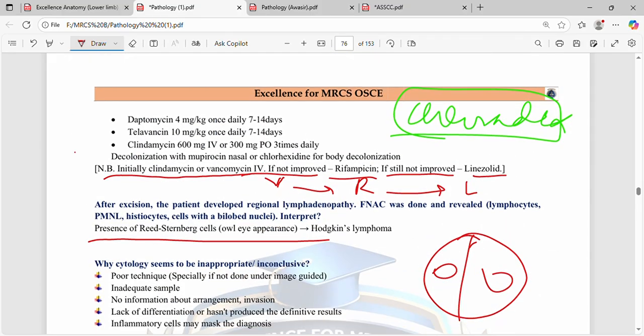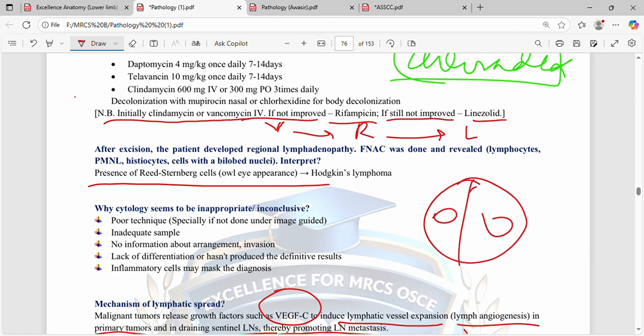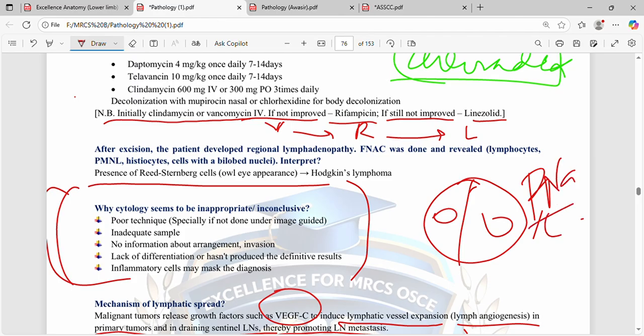So this is all about basal cell carcinoma. You may wonder what this is. They are saying that you have taken a lymph node FNAC, and the FNAC result is inconclusive or inappropriate. So why? Because if you go blindly, you will not get the required result.